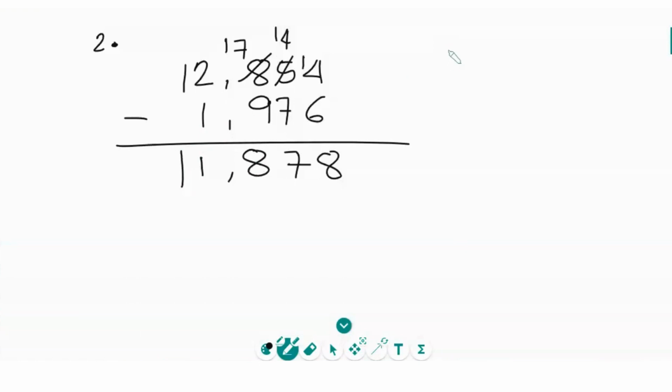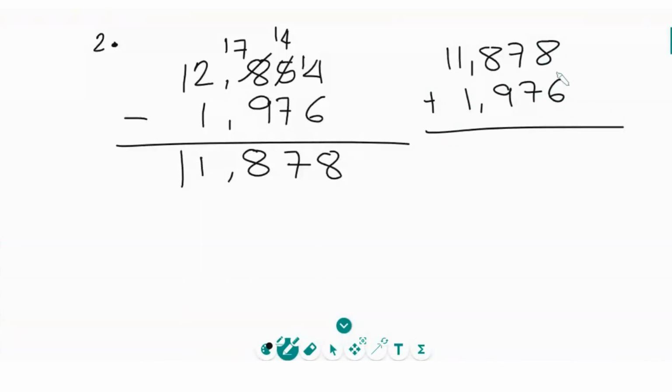So let's check our answer. 11,878 plus 1,976. Okay, so 8 plus 6 will become 14, carry over 1. 7 plus 7 is 14. 14 plus 1, that will become 15, carry over 1. 9 plus 1 is 10.